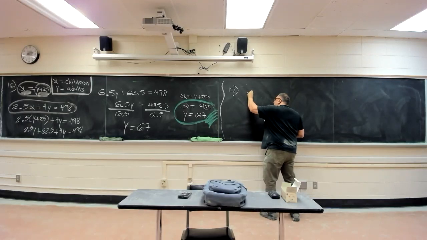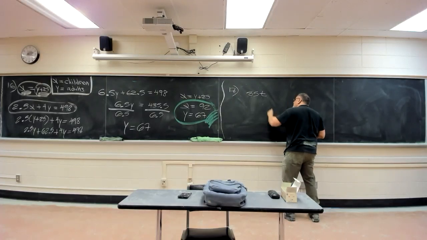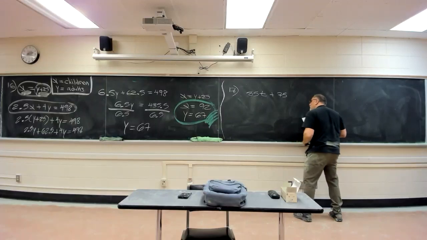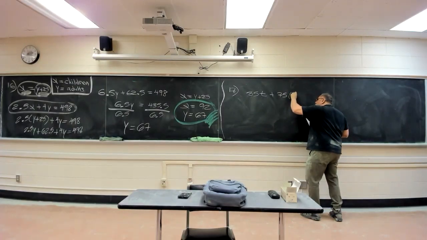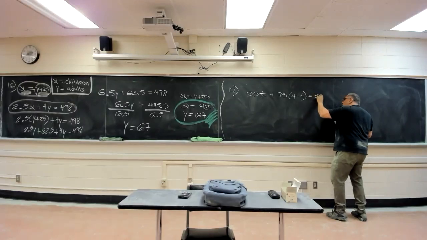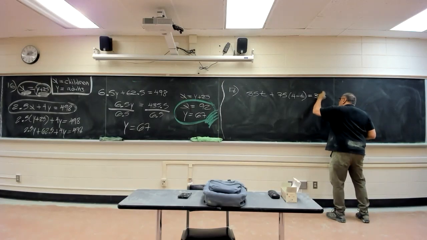He went 85 kilometers per hour for T hours. And then he went at 75 kilometers per hour for 4 minus T, and he covered a total distance of 335.